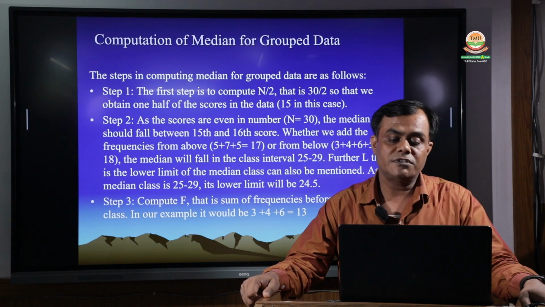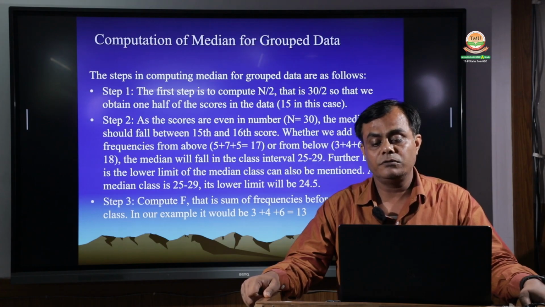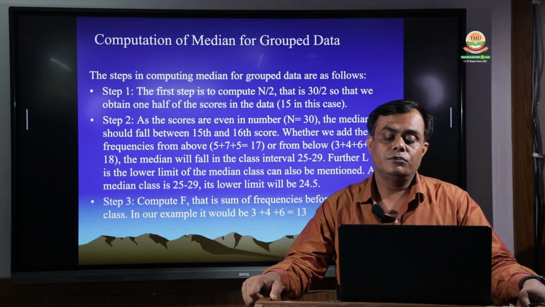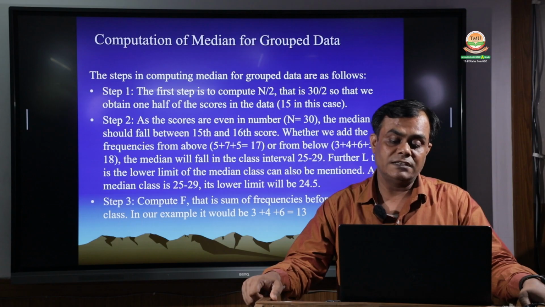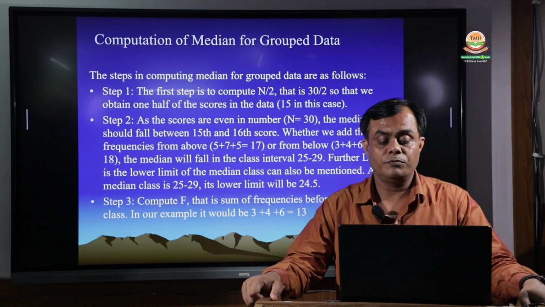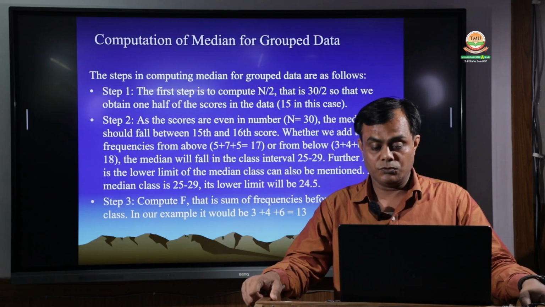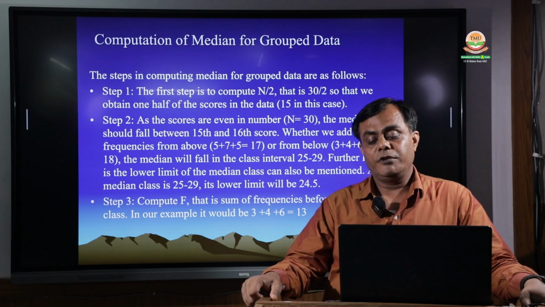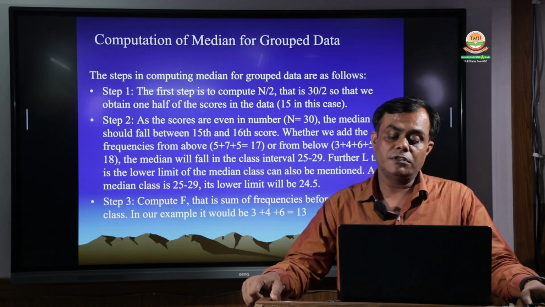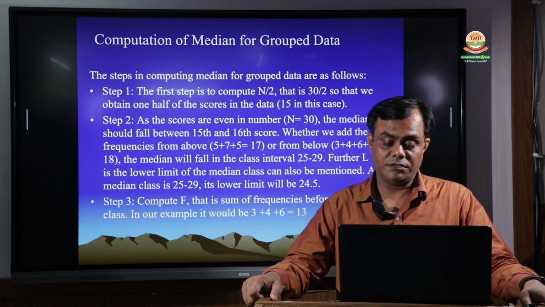Step 1, the first step is to obtain n divided by 2, that is 30 divided by 2, so that we obtain 1/2 of the scores in the data, which is 15 in this case. Step 2, as the scores are given and n is equal to 30, the median should be between the 15th and 16th score, where we add the frequencies from the bottom. So the median will fall in the class interval of 25 to 29.